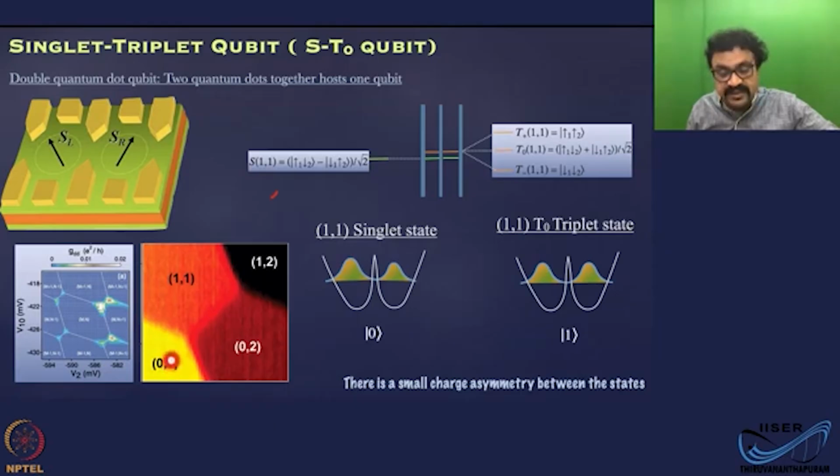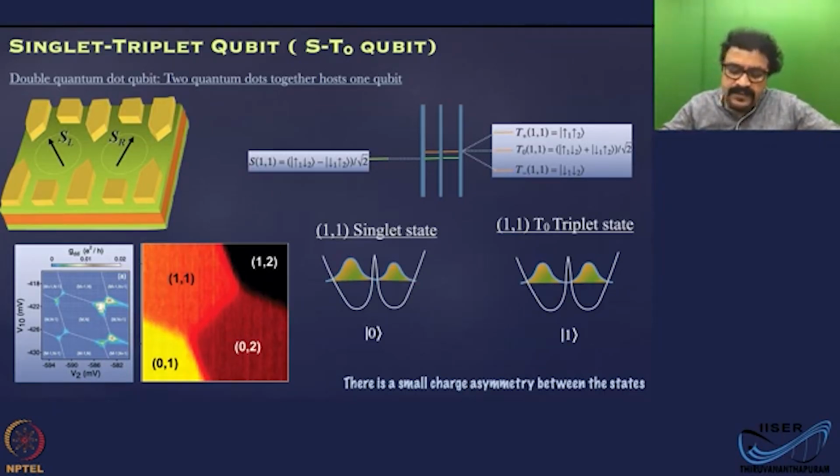This state is in 1 dot here. The state is spread in 2 dots, between 2 dots. Either this state could be a 1 or this state could be a 0, depending upon whether you have a singlet or a triplet state. So these are the two architectures. One is LD and another is ST0. Okay, in short, that is how they are known.